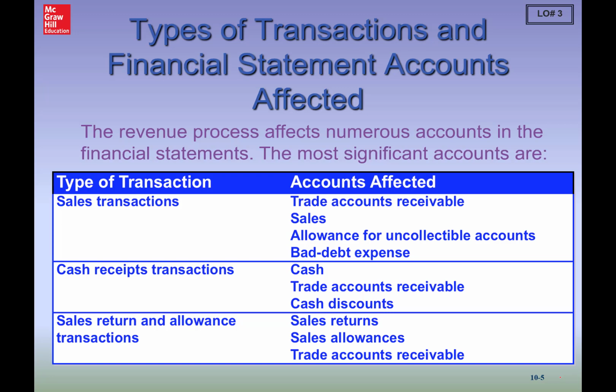What would be the journal entry? Good. Debit bad debt expense for 10,000. Credit the allowance, right?